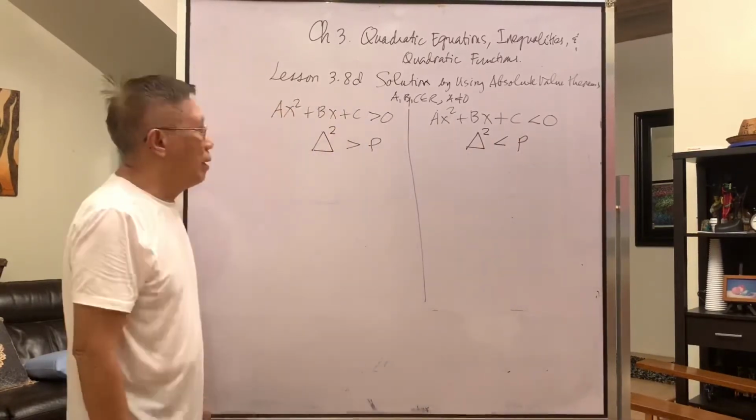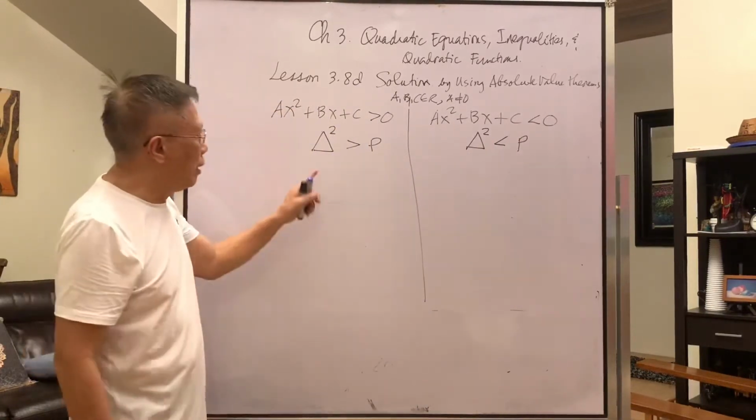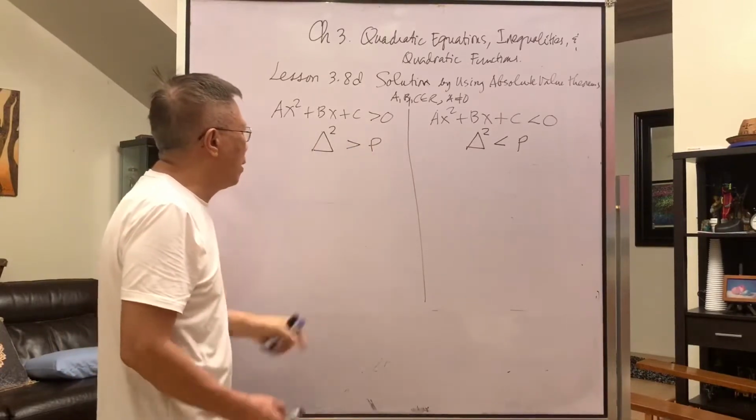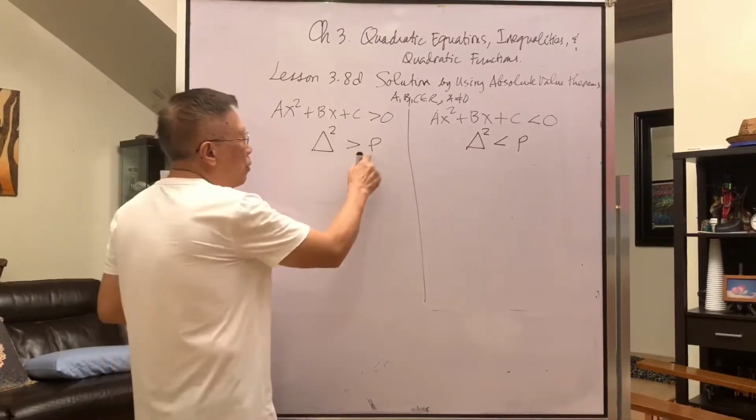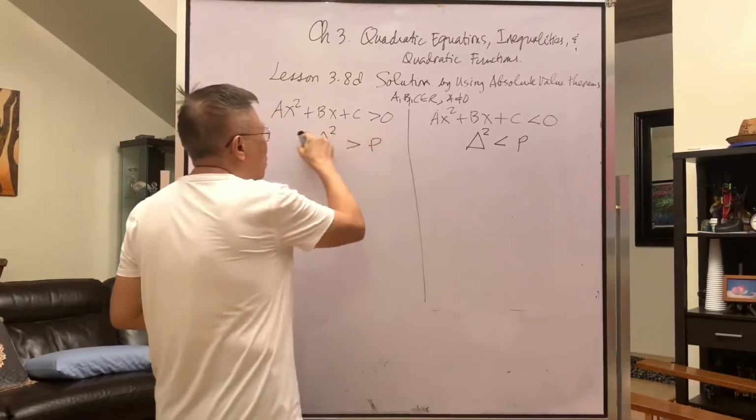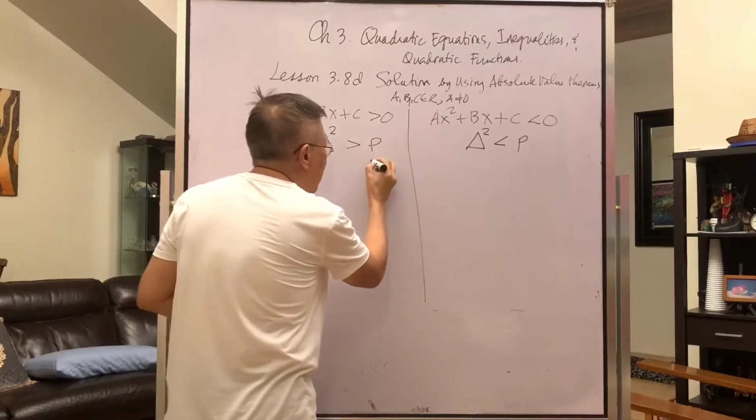If you are given the inequality and you have already transformed it to this form, we don't really need to consider going further to solving the solution set if p here is negative.